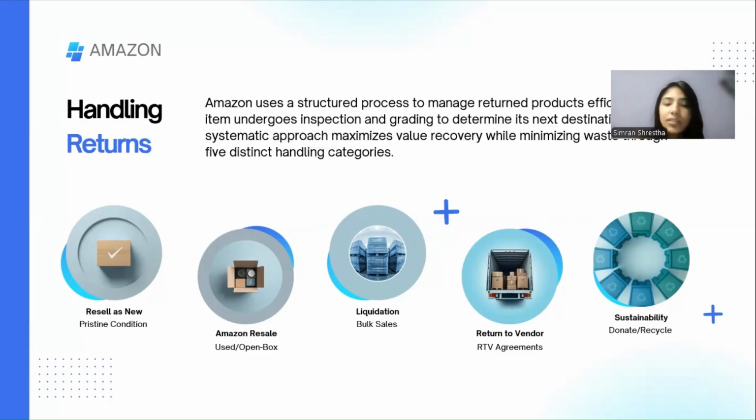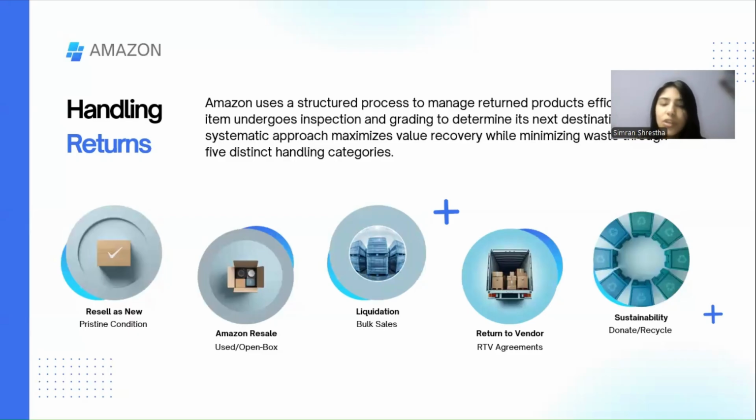Items that are in pristine condition and unused can be resold as new. Products that are slightly used or have open packaging are sold through Amazon's resale or used as open box items. Some items are sent for liquidation where they are sold in bulk to third party resellers. In certain cases, products are also returned to the original manufacturer through what is known as return to vendor.